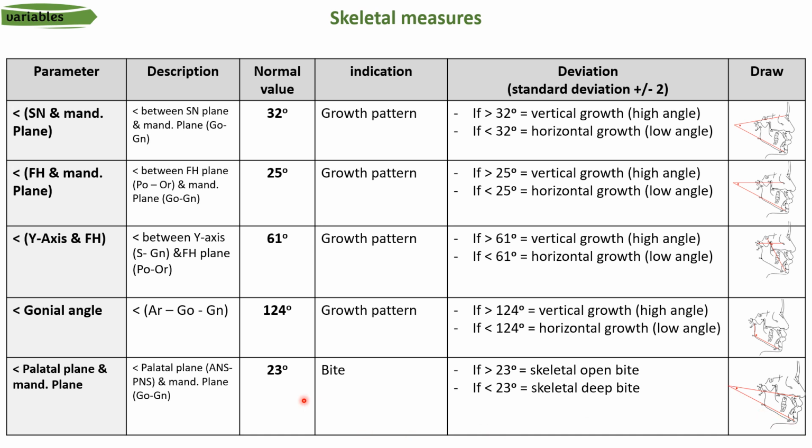Mean value is 23 degrees. If it increases, it indicates skeletal open bite, which can be translated as a high angle, and if it decreases, it indicates skeletal deep bite, and that can be translated skeletally as low angle, horizontal growth.